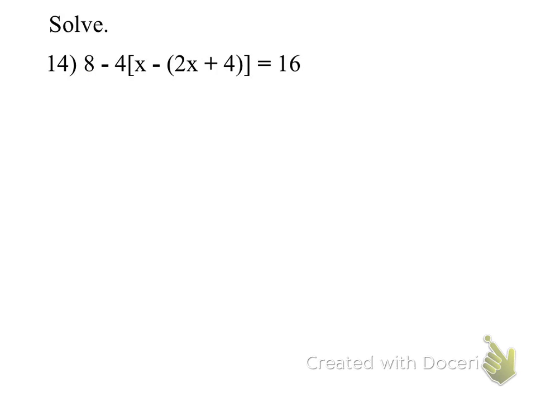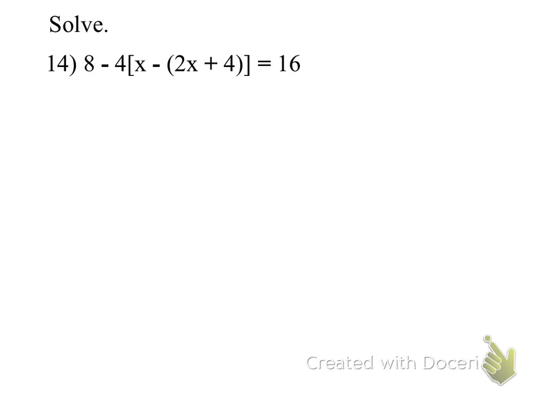One more. Let's see if you can do it. This is quite a challenge. Pause the recording and try it. All right, so the big hint here is to work from the inside out. Okay, so my hint was work inside out. What did that mean?